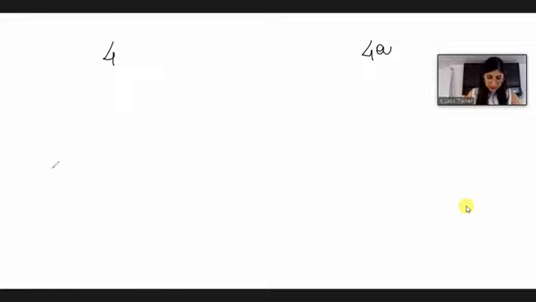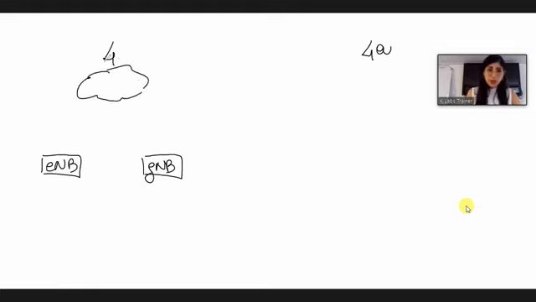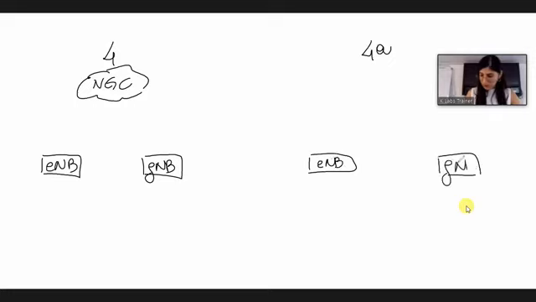Even in this case, we have our eNode B and we have our gNode B. In option 4, the core network is the 5G core network, that is the next generation core. So in both the options, eNode B, gNode B, and the next generation core.